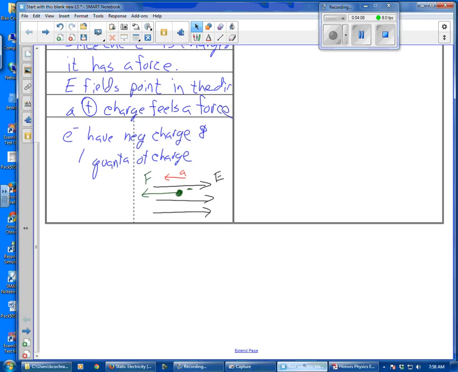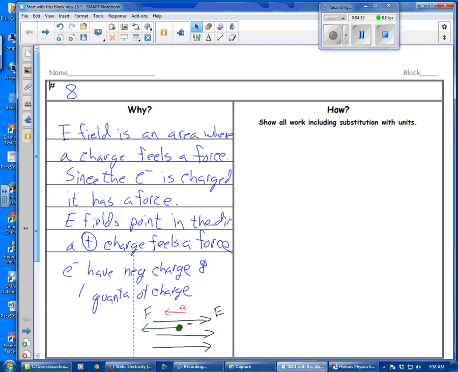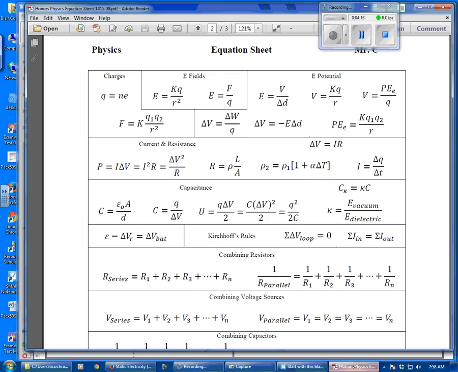So, equation-wise, I'm going to look at my equation sheet and pick out the fact that I have two equations about electric field. Remember, the left-hand one describes the field because of what's creating it.